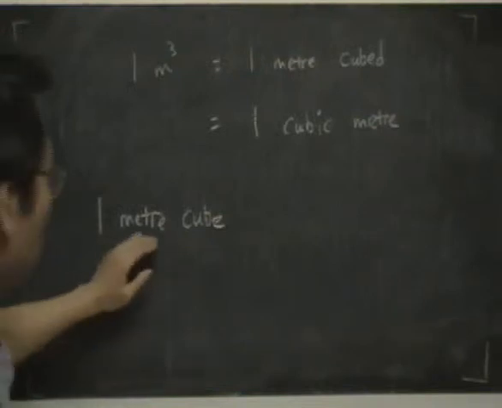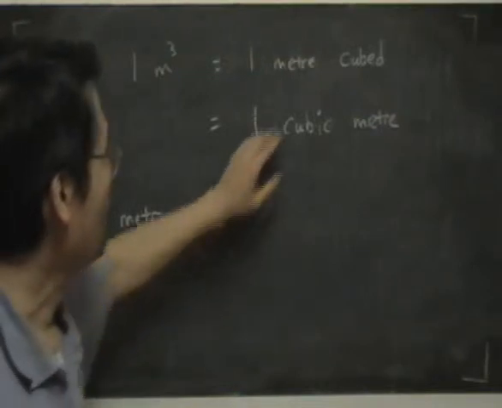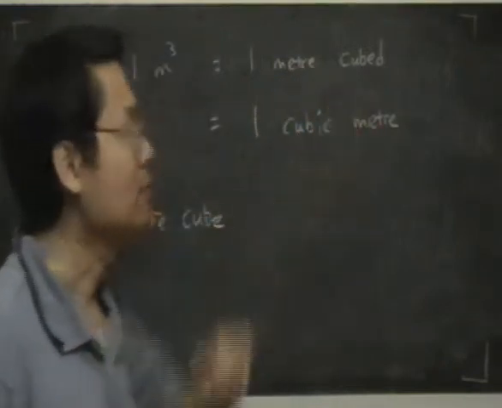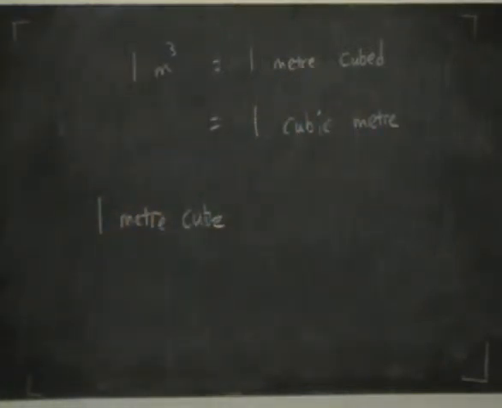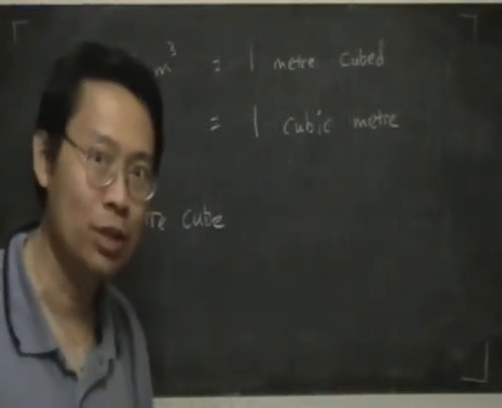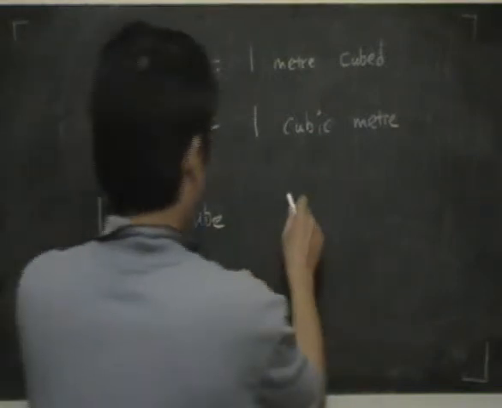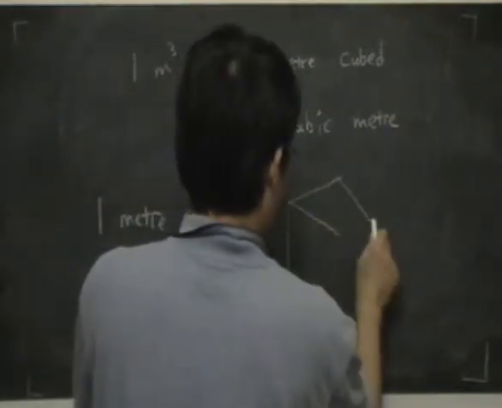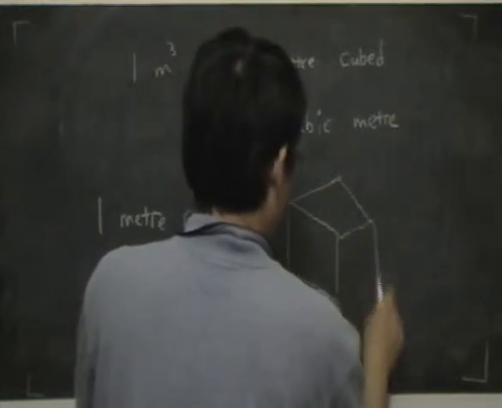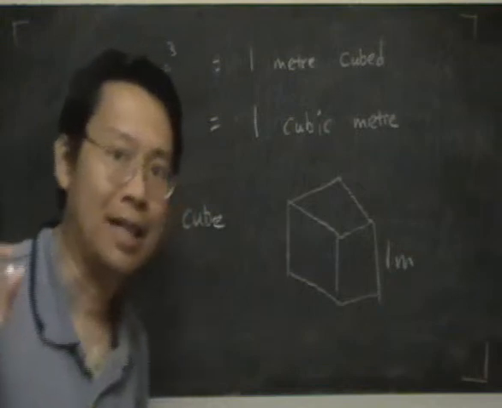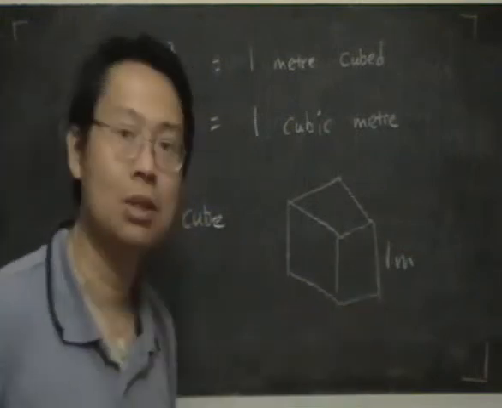So what's the difference between a 1 meter cube and a 1 meter cubed? Now, a 1 meter cube means a cube that has a side of 1 meter.